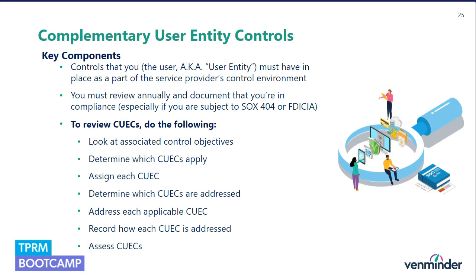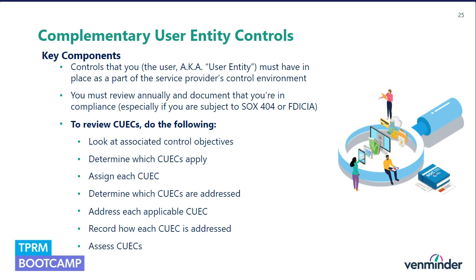You need to review these annually and document that you are in compliance with them. Every year, we're having more and more clients inform us that their auditors or examiners are requesting documented evidence that they have implemented CUECs. So we recommend the following high-level steps to meet that demand.